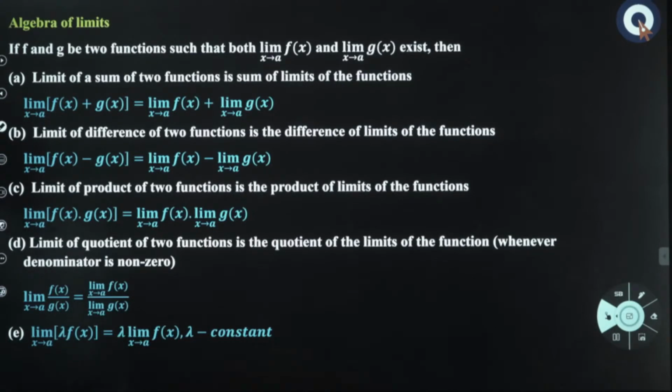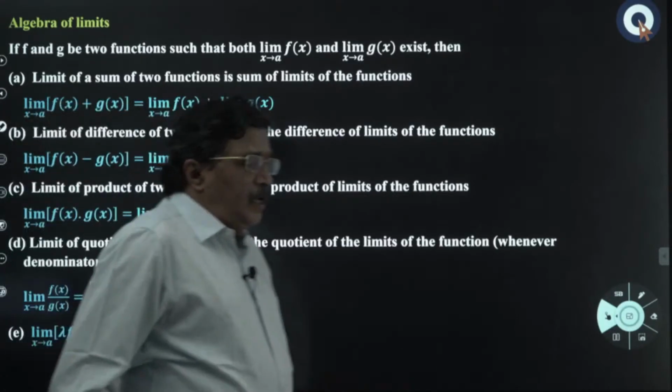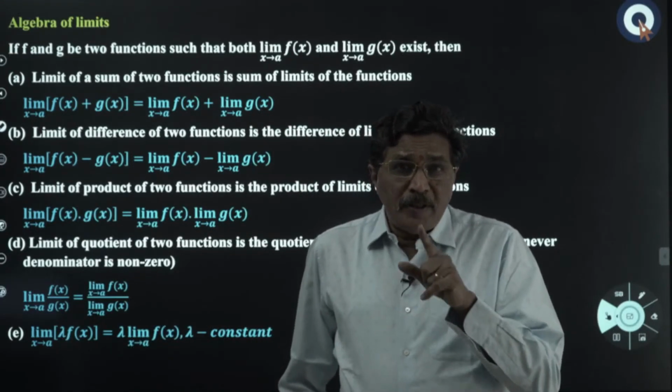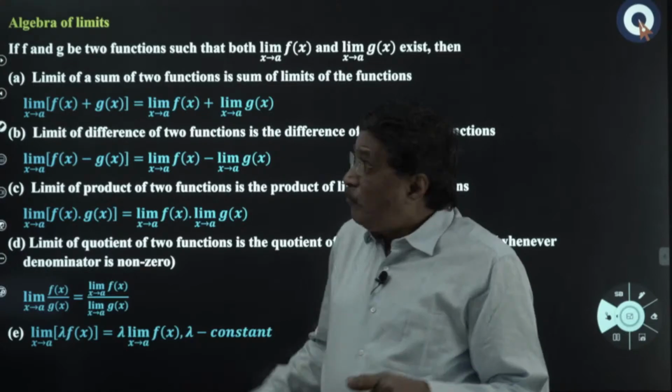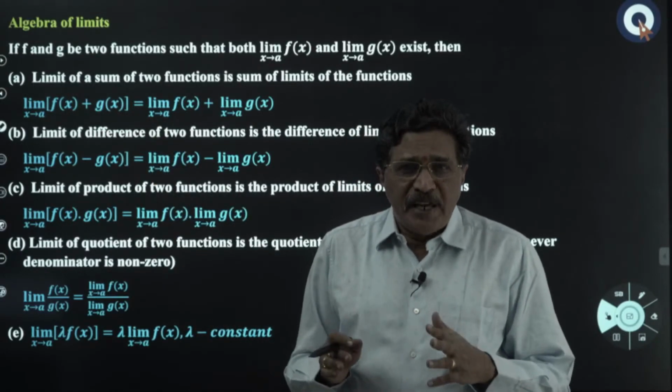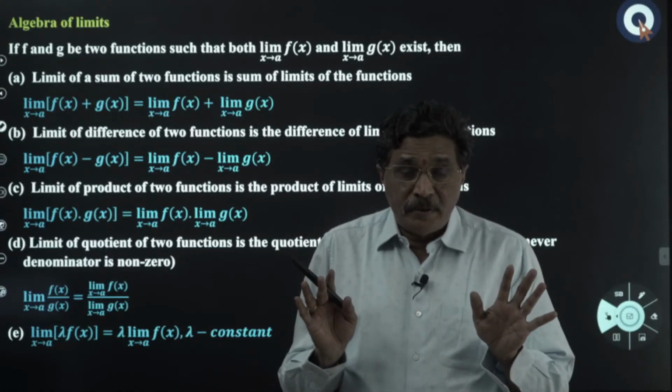And the algebra of limits: the limit of f(x) plus g(x) is equal to the limit of f(x) plus the limit of g(x). Remember this point: this is valid only if you have a finite number of sums, f1(x), f2(x), f3(x), up to fn(x).